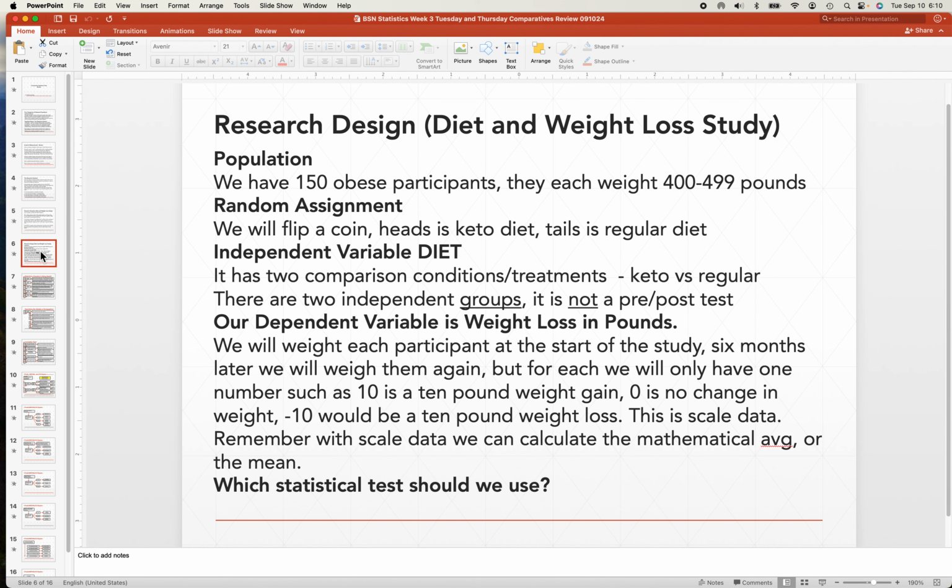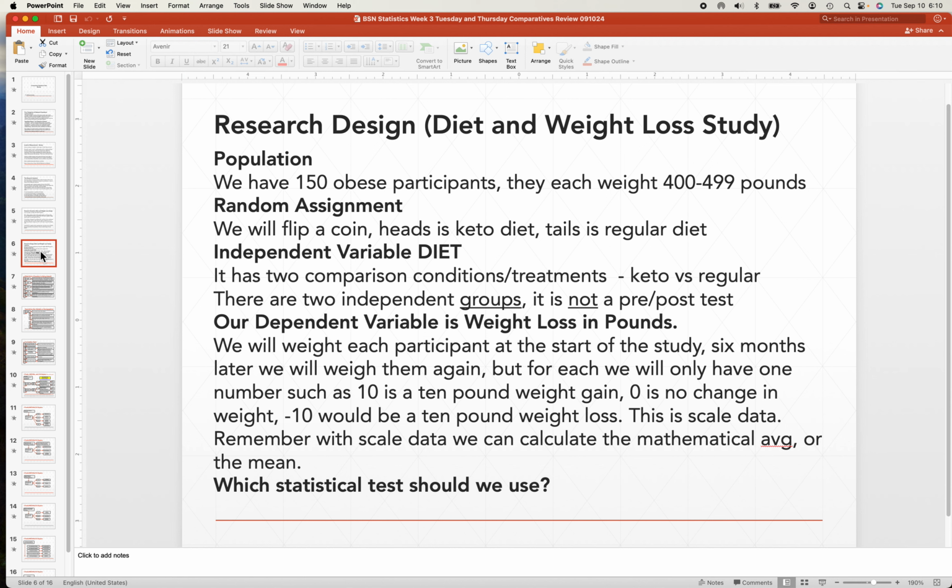So if we go over this, imagine how we would set up this study. We'd start off, we'd ask patients maybe in a clinic to participate. We would get their consent. And so we would have a sample of, say, 150 obese patients. And for our particular example, we're going to say that they each weigh something in the order of 400 to 499 pounds.